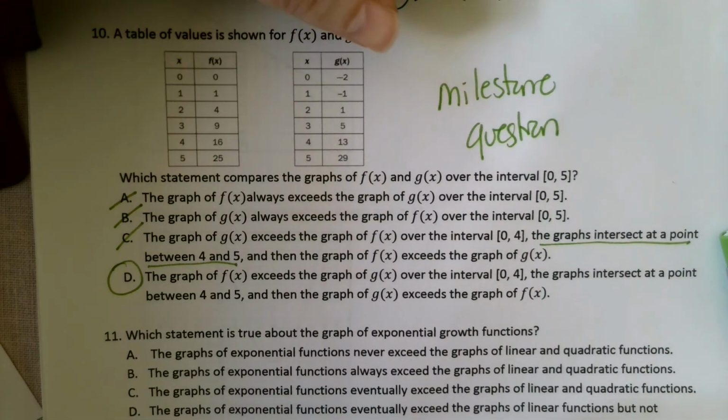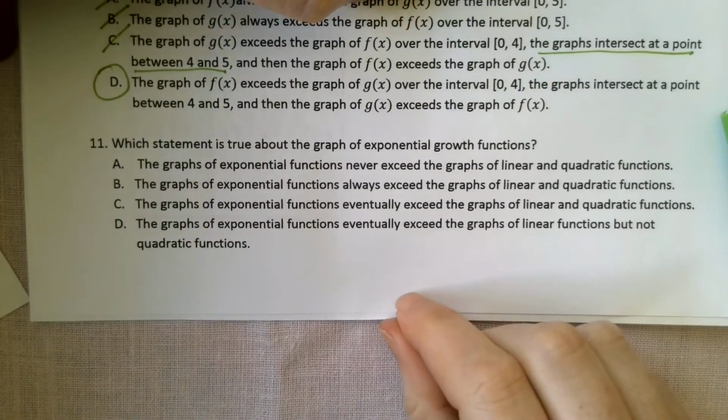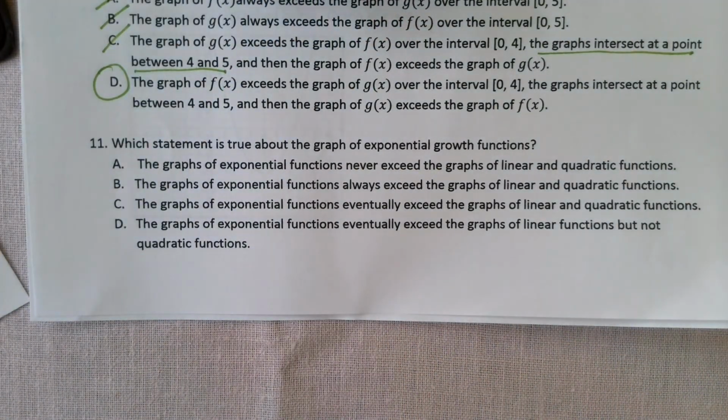Alrighty. And then finally, which statement is true about the graph of exponential growth functions? Notice it says growth. The graphs of exponential functions never exceed the graphs of linear and quadratic functions. Well, that's not true because they will always exceed at some point.